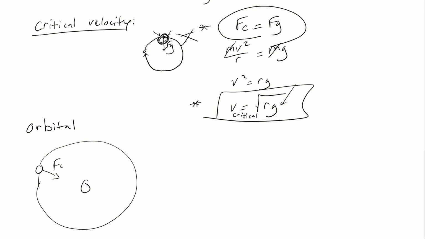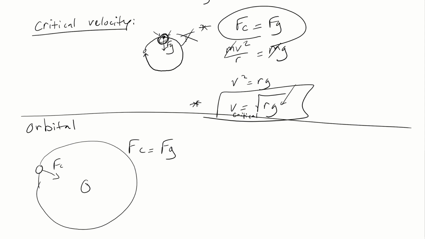The only force that exists between these two planets or these two masses is the mutual force of gravity between them. So we know that the centripetal force would once again come from the force of gravity between the two planets. Now the difference is we're not on the surface of the Earth.